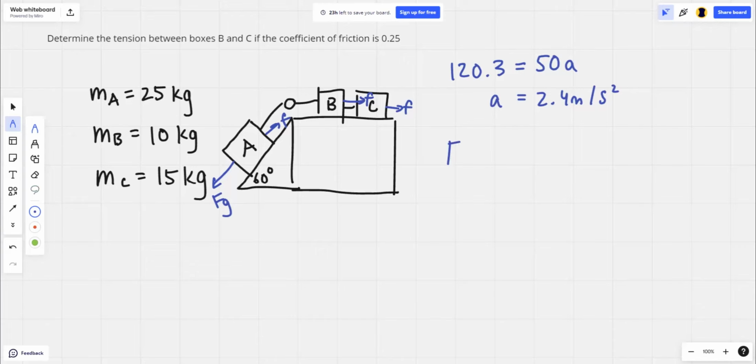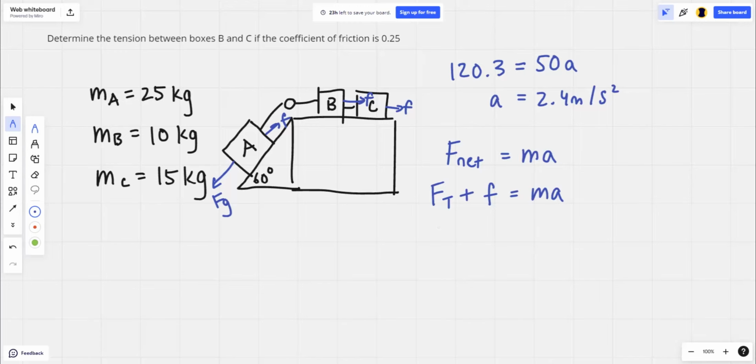So let's try to find F net for box C. This is going to be the F net for box C, which is also equal to ma. The F net on the left is going to equal the tension force plus the force of friction, because these are the two forces that are acting on box C. And now we can rewrite this to make sure the signs are correct.